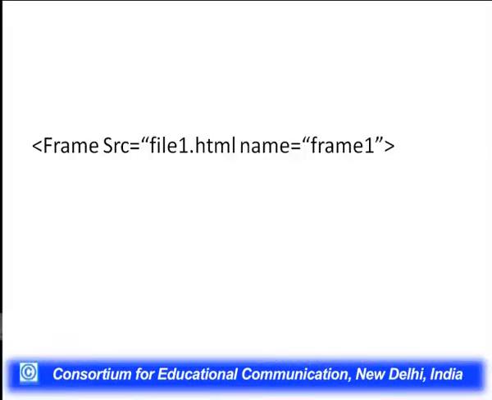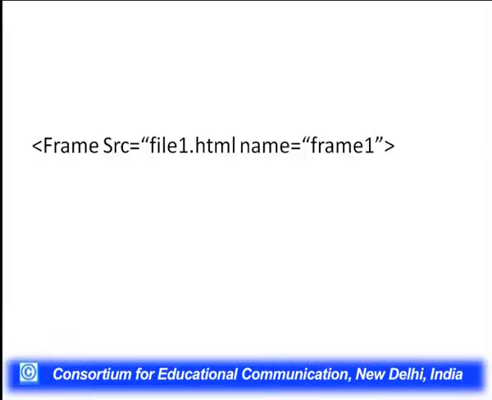The border size can be controlled, and the margin height and the margin width can be controlled, and also whether we want the user to be allowed to resize the frames on his or her respective browser window. So we will see how each of these attributes of the frame tag will be used. The first attribute, as we had seen, is the frame src.